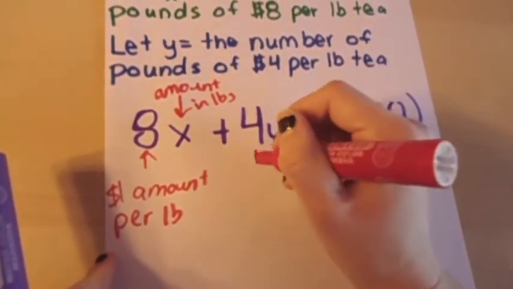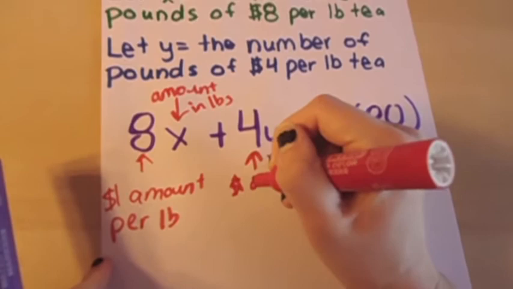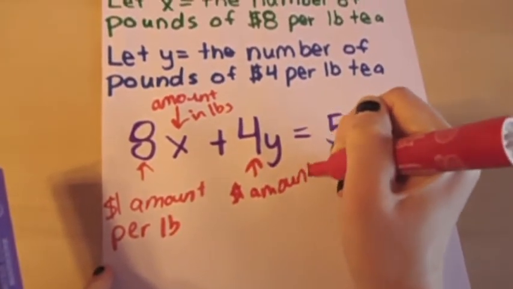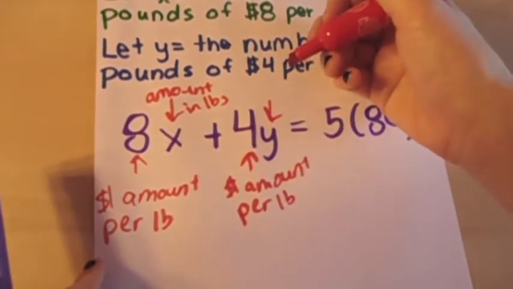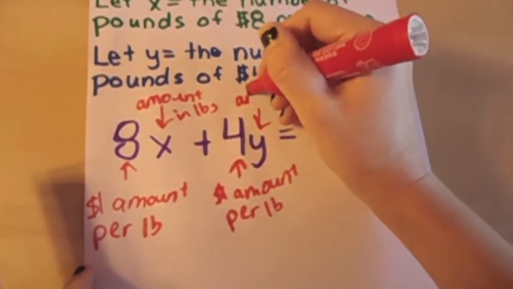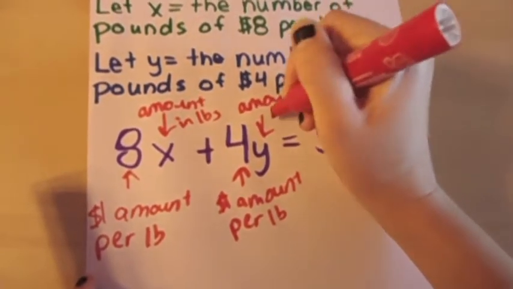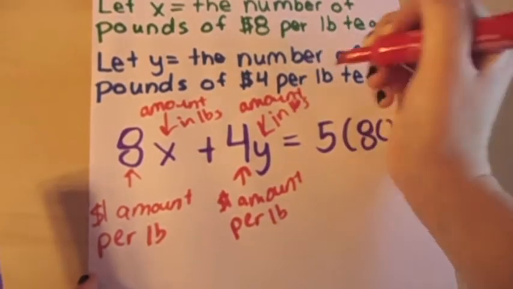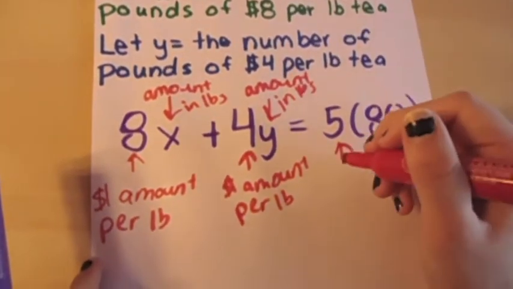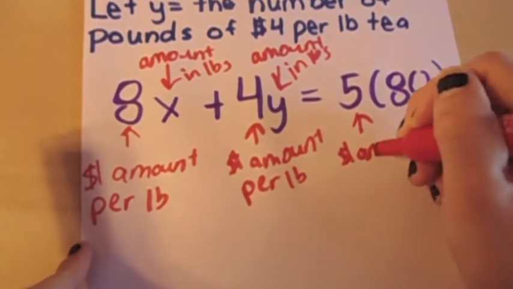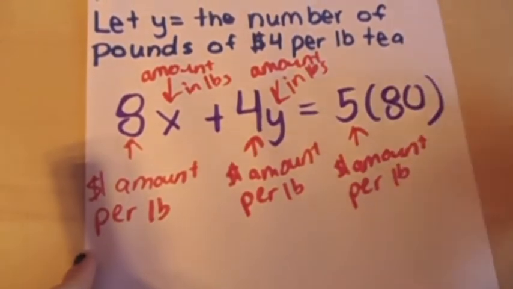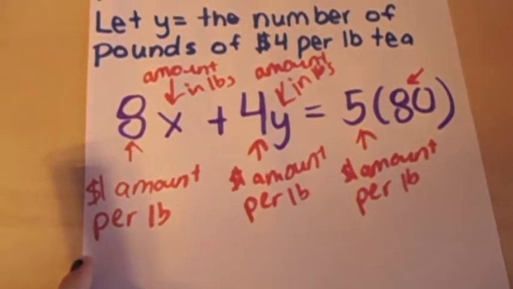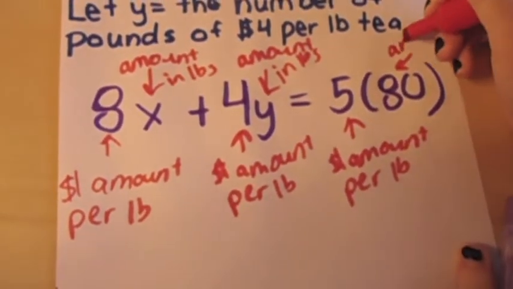The 4 is also the dollar amount per pound, and the y is the amount in pounds. The 5 is also the amount per pound, and the 80 is the amount in pounds as well.